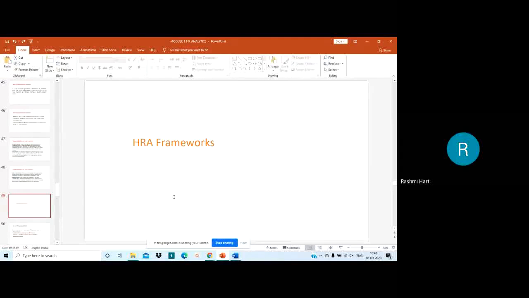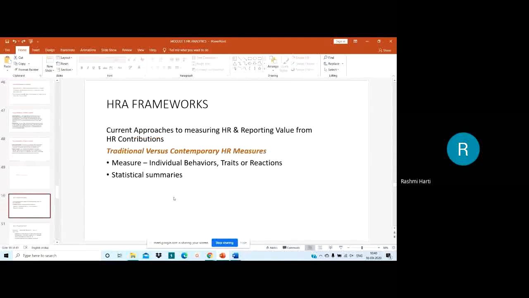Coming down to the HRA framework, right? Here are the current approaches to measuring HR and reporting the value from HR contributions. One is traditional versus contemporary HR measures. Here it measures individual behavior, traits or reactions, and statistical summaries.